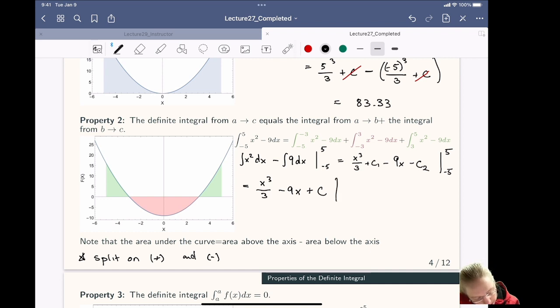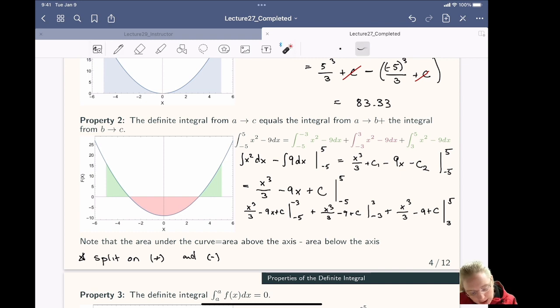Now we have to evaluate that on our integration limits between minus 5 and 5. All right, so that is the integral from here to here, but we can split that up as having the integral from here to here plus the integral from here to here plus the integral from here to here. So if I have the integral x cubed over 3 minus 9x plus c between minus 5 and minus 3, plus x cubed over 3 minus 9x plus c between minus 3 and 3, plus x cubed over 3 minus 9x plus c evaluated between 3 and 5.